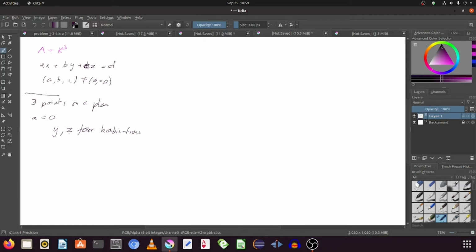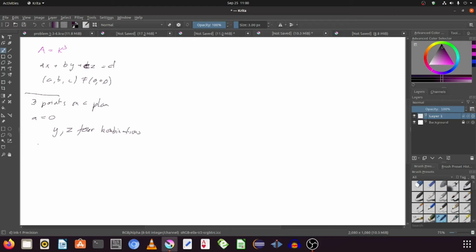So the next thing is that if we have 3 points, now 2 points on the plane, oh, here I'm more confused because I've always been thinking of planes through the center.